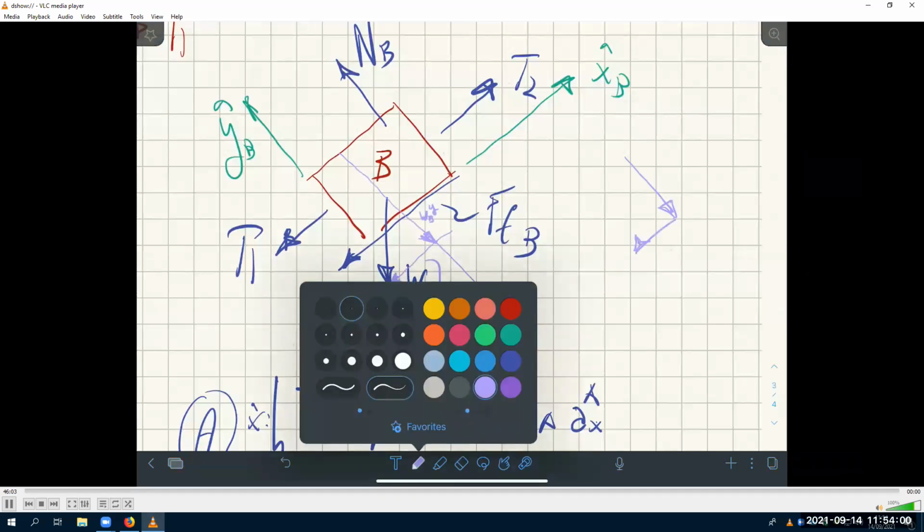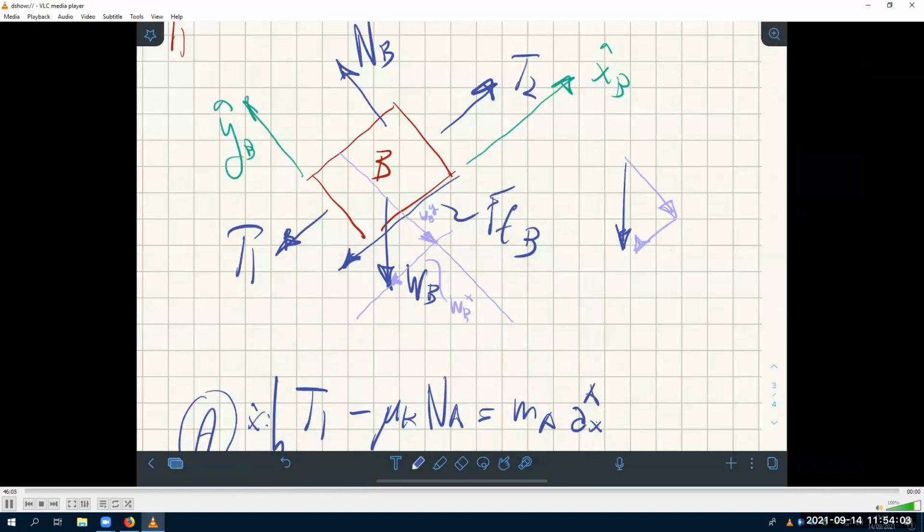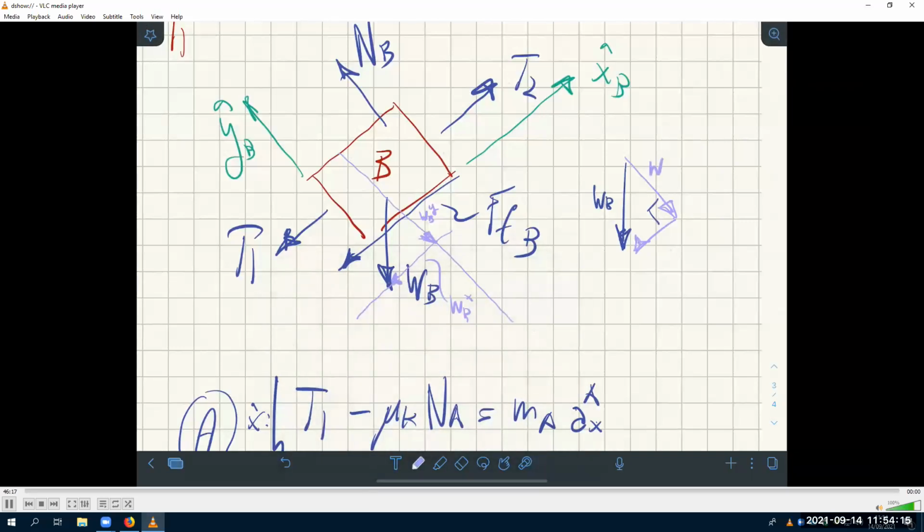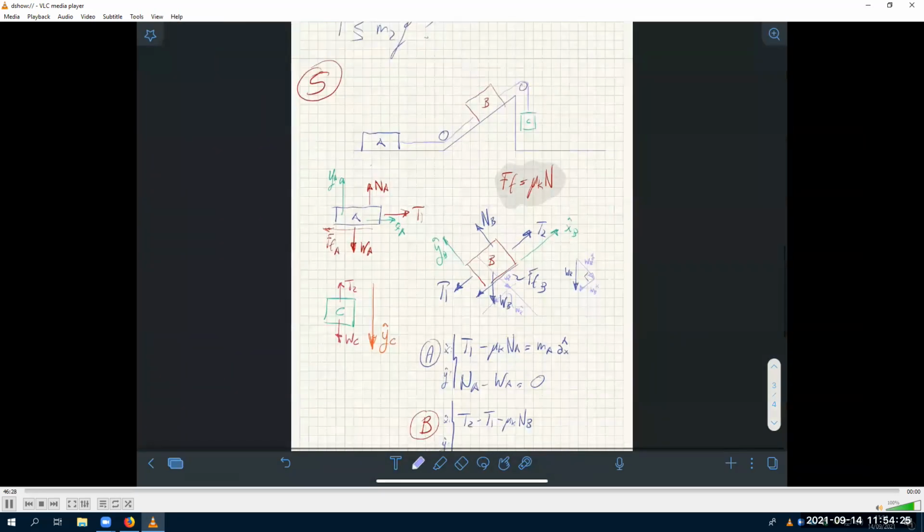This is WB. This is 90 degrees, so WB is the hypotenuse of this triangle. We want to find the edges of this triangle, WBY and WBX, given what we are given here. Which angle is given? Let's check.